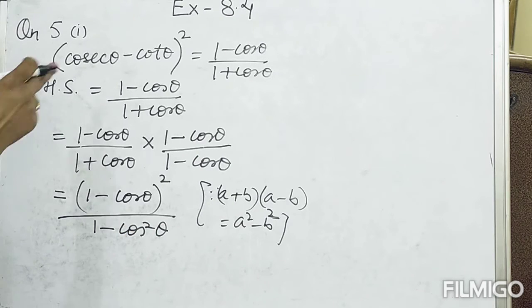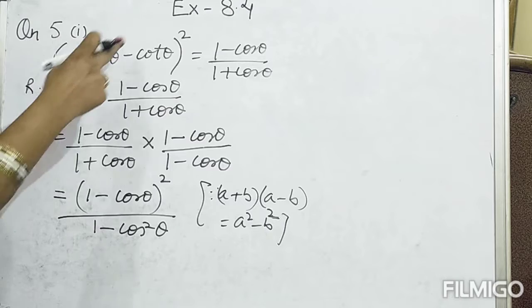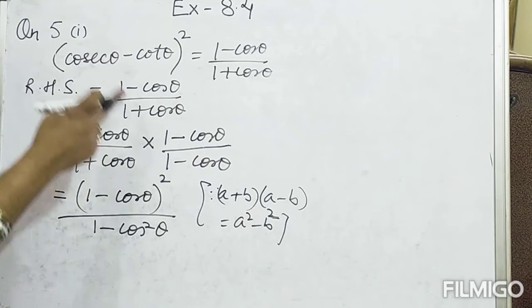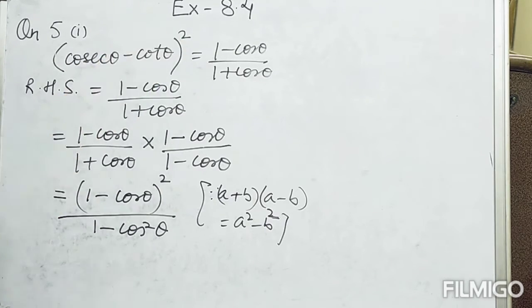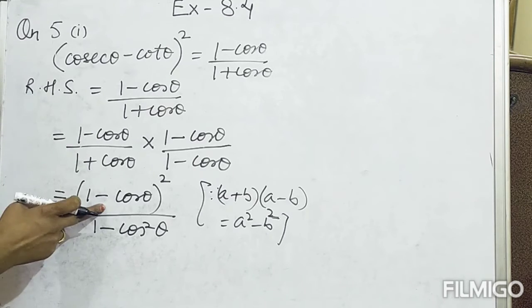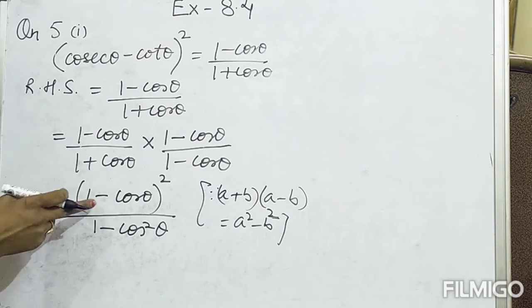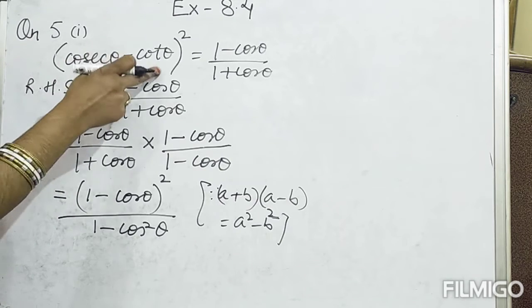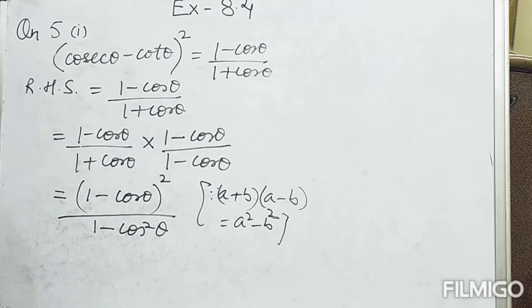Now because in the left hand side we want the whole square, we will not open up this square. We will just solve this denominator here and will not touch the numerator. Why are we not going to touch it? I told you that the square which we want in our left hand side is already there.